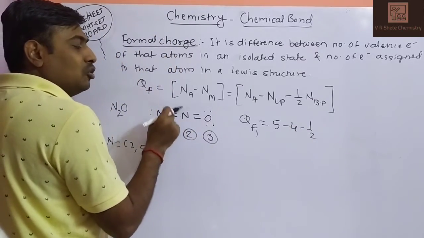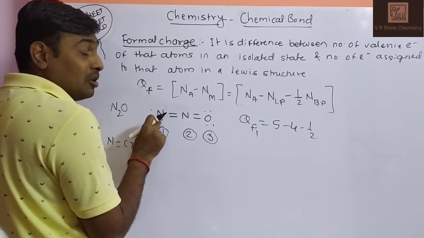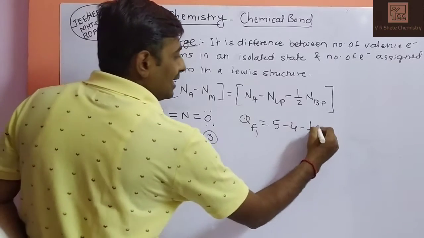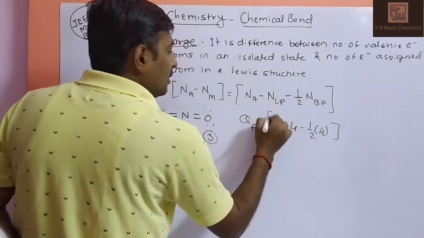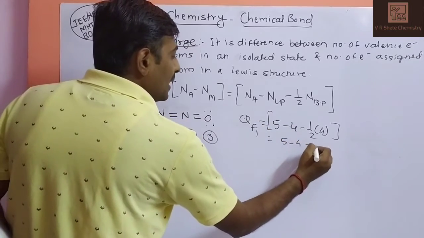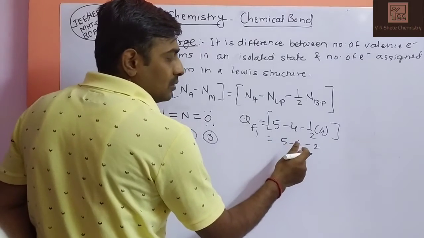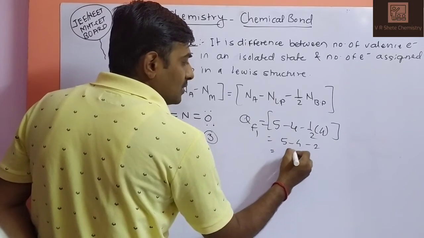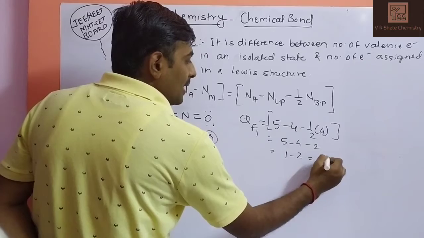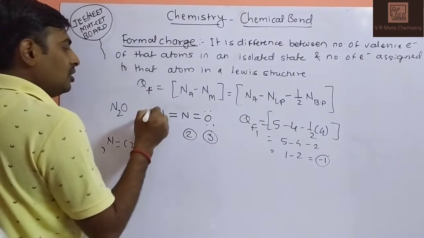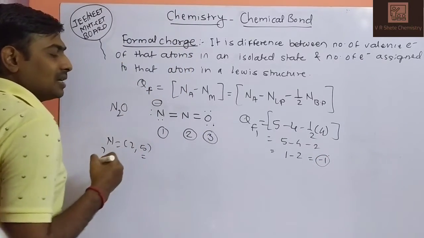How many bonds are there? 2 bonds for this first nitrogen. 2 bonds means 4 electrons, since 1 bond contributes 2 electrons. 5 minus 4 minus 2: 5 minus 4 is 1, 1 minus 2 is minus 1. So the first nitrogen has a charge of minus 1.